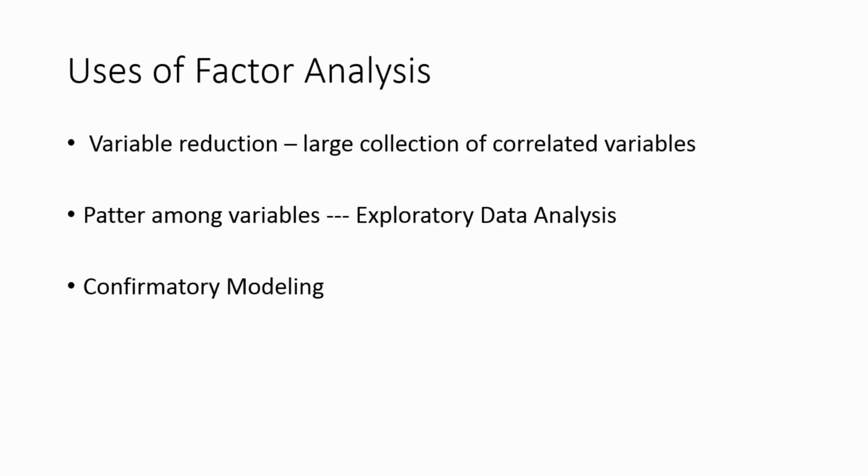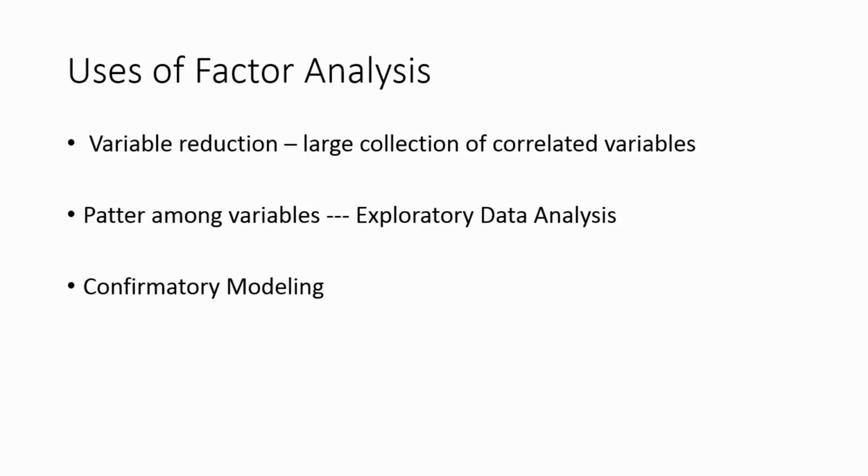Some of the uses of factor analysis, as I've already said: variable reduction is one use. When you have a large collection of correlated variables, you can use factor analysis to come up with a very few latent factors. Pattern among variables: sometimes we need to know which variables are very related to each other. So we can use it for exploratory data analysis before doing any modeling work.